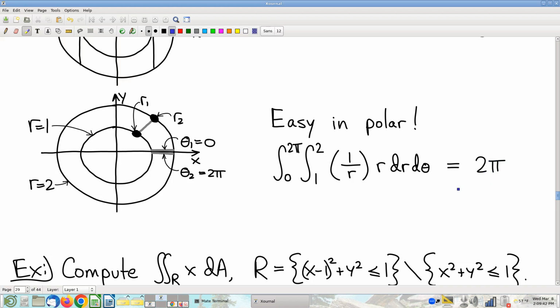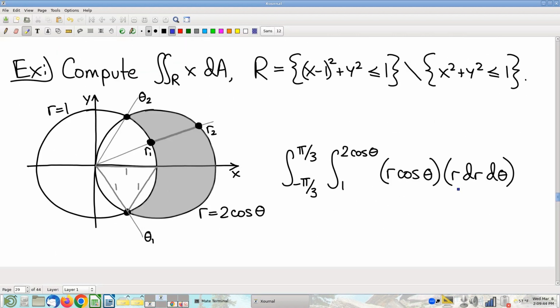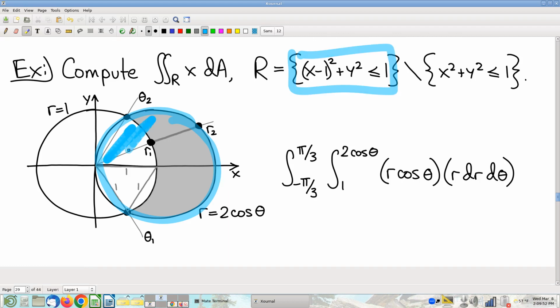Okay. All right, here's a harder one. So this says we want to look at this region here. Well, wait a second, not exactly. I want the points that are in that region that are not, this backslash means exclude, right?